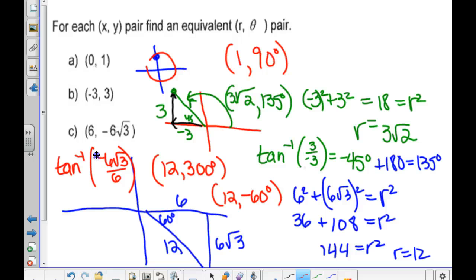Does it give you a usable answer or not? If you put the negative in, doesn't it give you negative 60? Is that in the right quadrant, that negative 60? It's in the fourth quadrant, so it would be okay to use that answer? Or to add 360, which is the positive 300, either one.